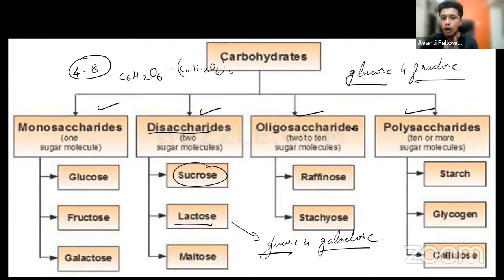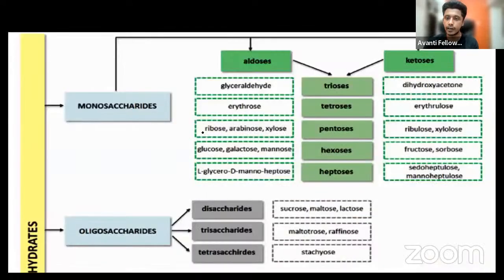Oligosaccharides are similar to disaccharides, but the number of repetitions is quite high compared to disaccharides. So this is about oligosaccharides. Polysaccharides are complex sugars. They can be either homopolysaccharides or heteropolysaccharides. We can see it here properly.